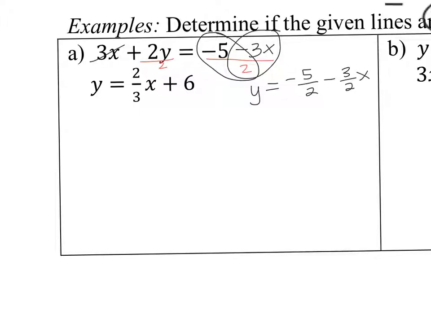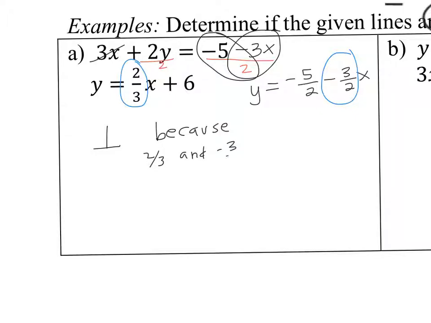So my slopes are 2/3 and negative 3/2. So those are perpendicular because 2/3 and negative 3/2 are opposite reciprocals.